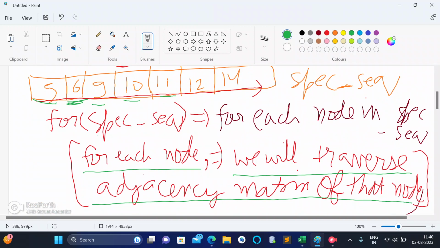I actually forgot one statement here. Before traversing the special sequence array, we have to apply one more for loop above this. For i equal to 0 to i equal to k.